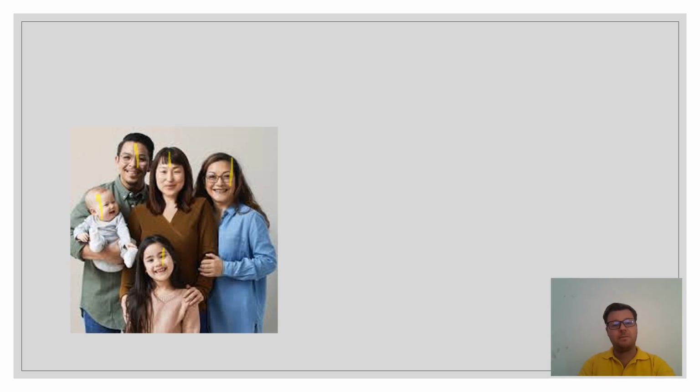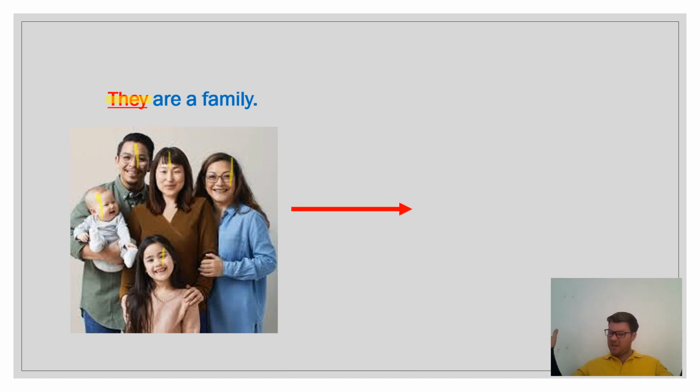So let's look at the pronoun. The pronoun used is they. They means more than one. They are a family. But remember, we said this is a big family.